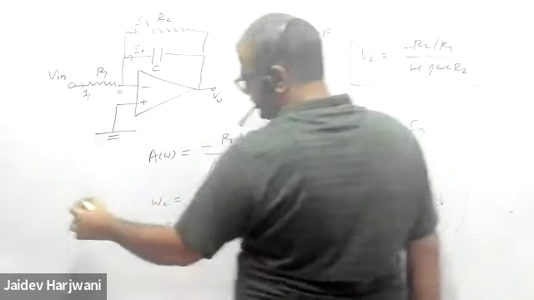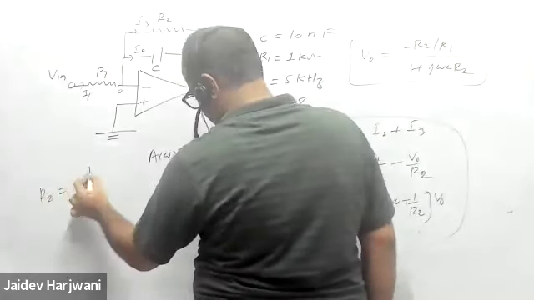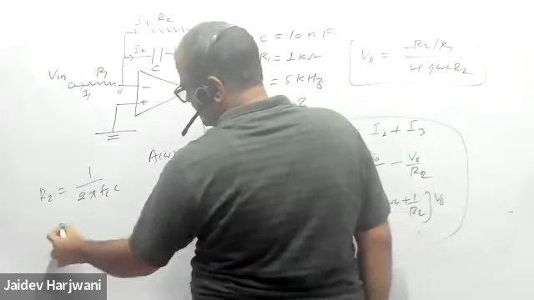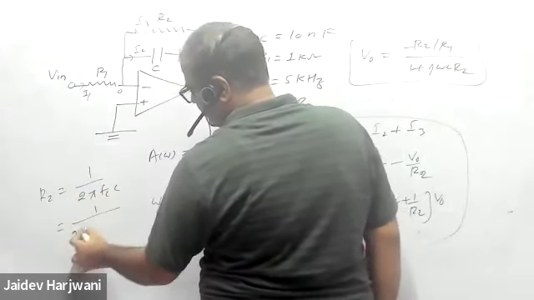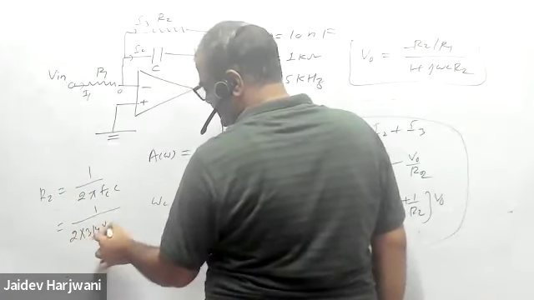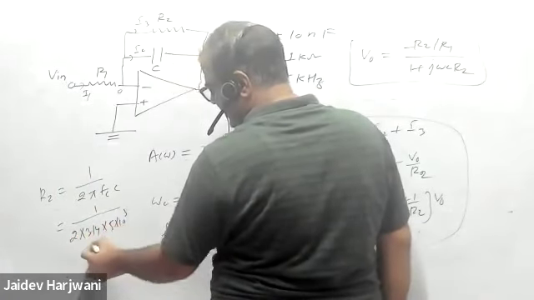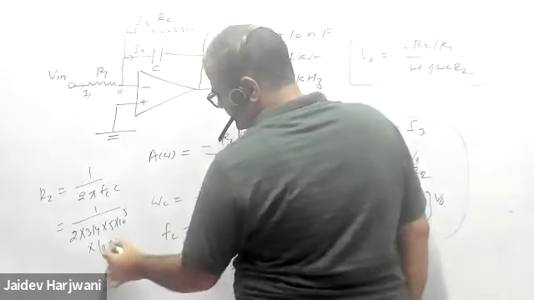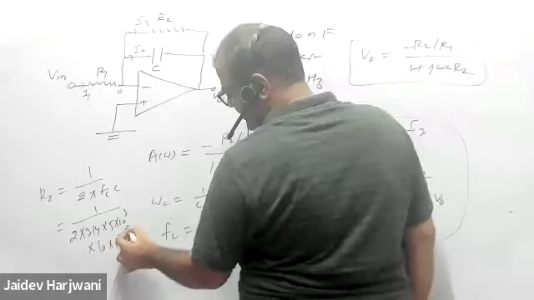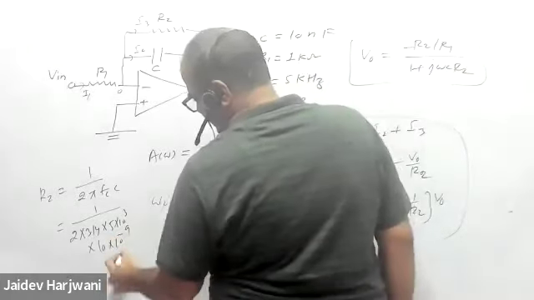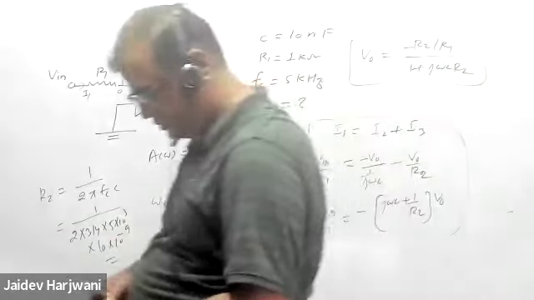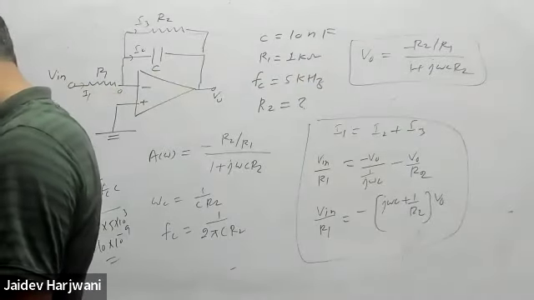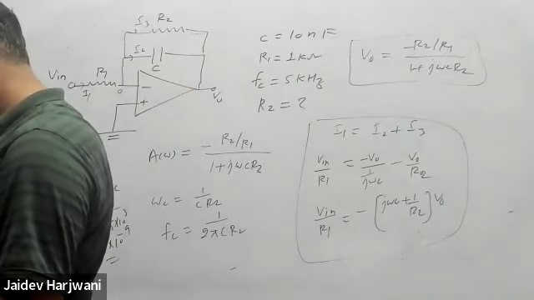Now if you want R2, R2 will be 1 upon 2 pi FC C. Now 3.14, FC is given 5 kilohertz, and C is 10 nanofarad, 10 into 10 raised to power minus 9, nano means minus 9. Tell me what is the value of R2? कितना आ रहा है R2 बताओ, मेरे पास आंसर नहीं है.